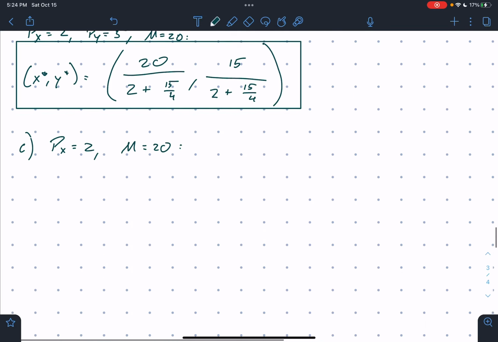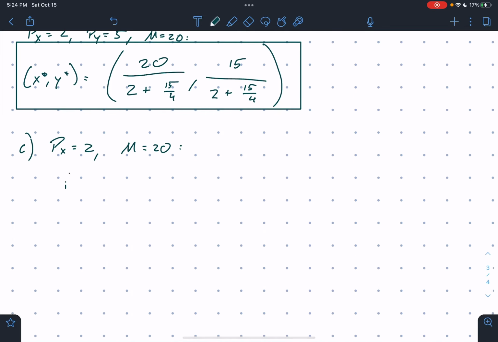And then all we need to do is, 1, find y as a function of py. 2, we want to find demand.